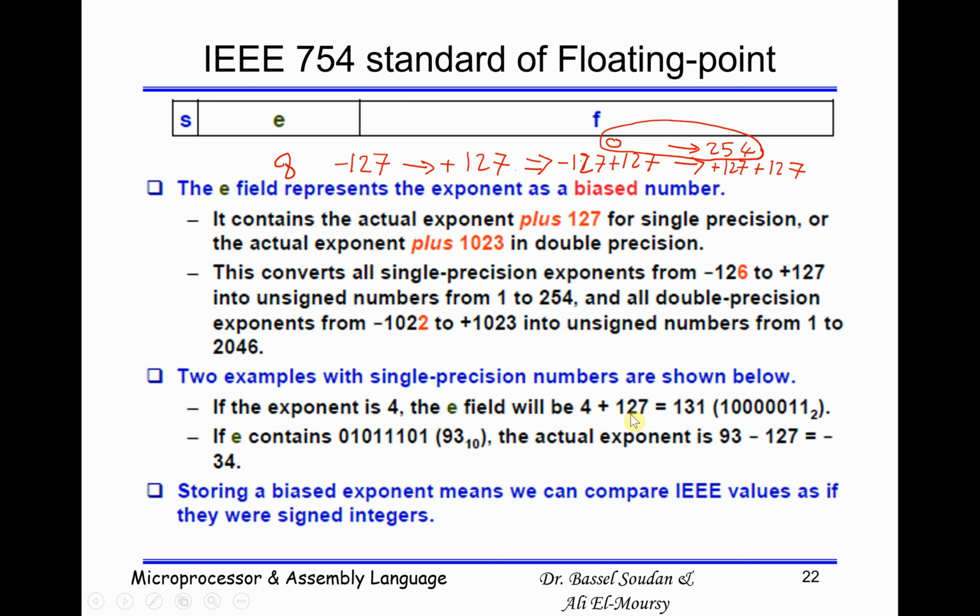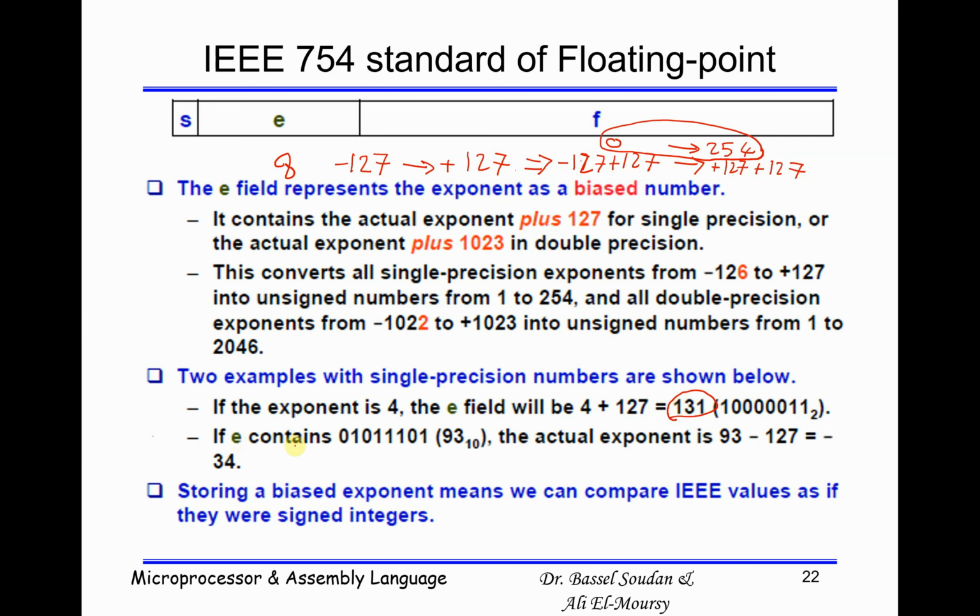That means I have to add 127. So the actual value that will be stored in the exponent will be 131. I will not store the 4, I will store the 131 instead.